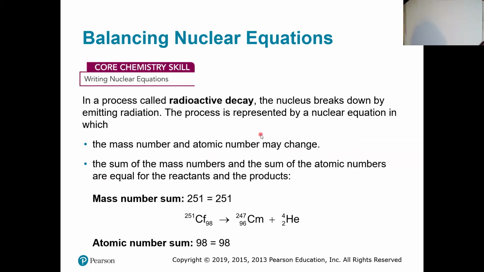So the process of taking something that is radioactive and having it turn into an isotope of a different element and release a radioactive particle is called radioactive decay. That's the unstable nucleus literally breaking down because it is not stable, so it's turning into something else.